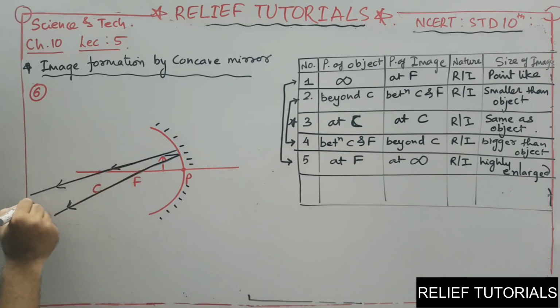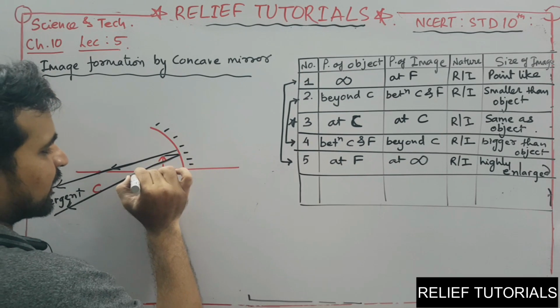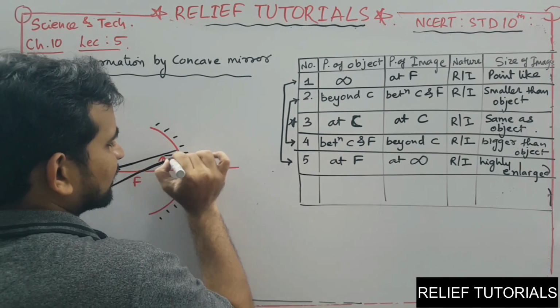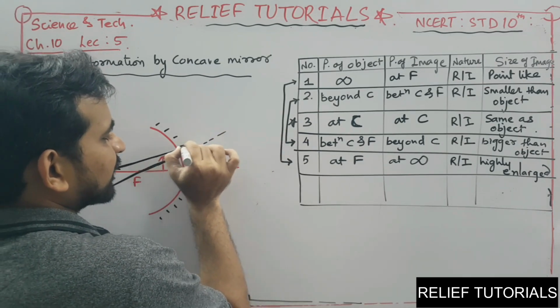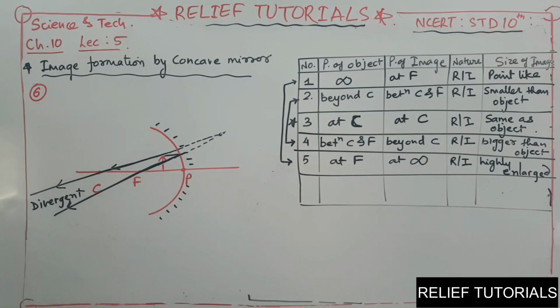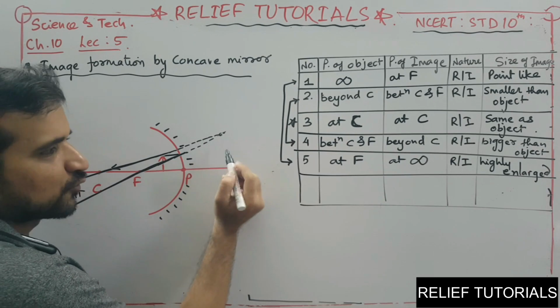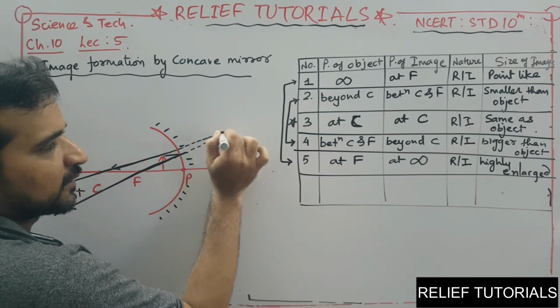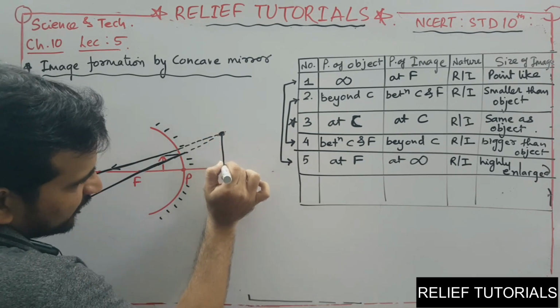Such type of rays are called divergent rays. We already know these. So divergent rays are not going to meet really. So we can extend them behind, and we can find the point of intersection. Because these rays are virtual, this part is virtual, the image formed here is called a virtual image. So this is the image formation.